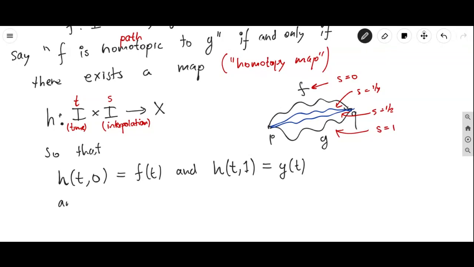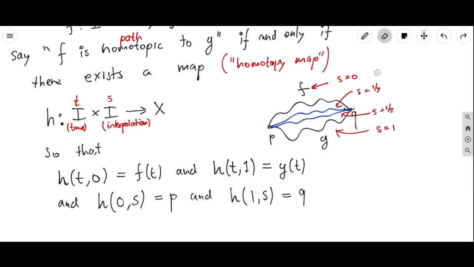And maybe we can add that H of 0 comma S is always equal to P, and H of 1 comma S is always equal to Q. So you're not going to have a situation where one of these will go something like that. These are the two fixed points where you start and when you finish, and all of these intermediate paths that interpolate between F and G also always start at P and finish at Q.